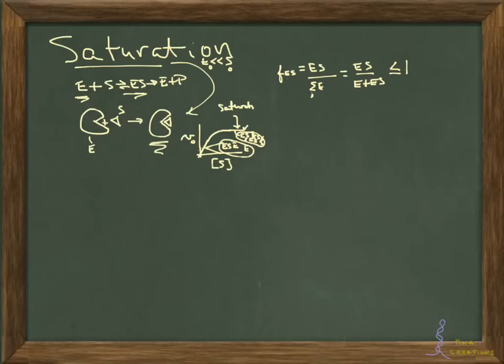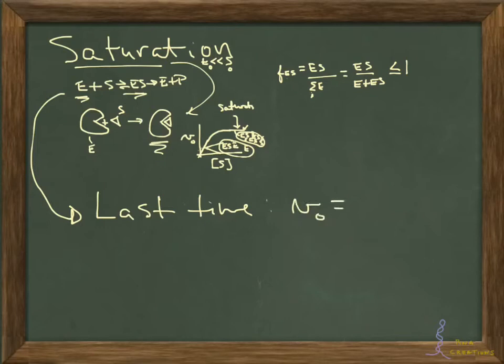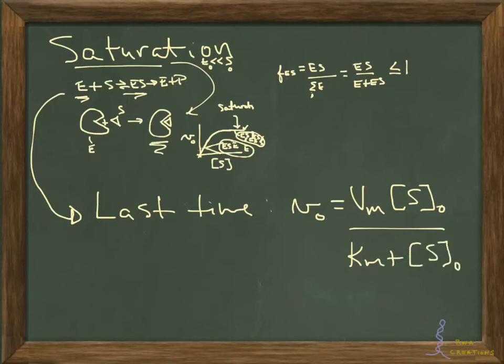Okay. So last time we took this mechanism and we derived the Michaelis-Menten equation, and we derived that the initial velocity is equal to Vmax times S naught over Km plus S naught. And we used the steady state assumption to do that.